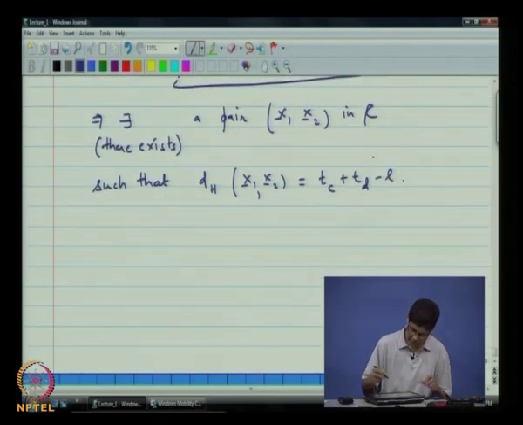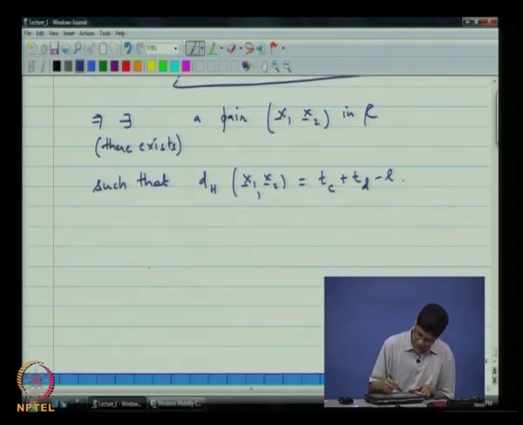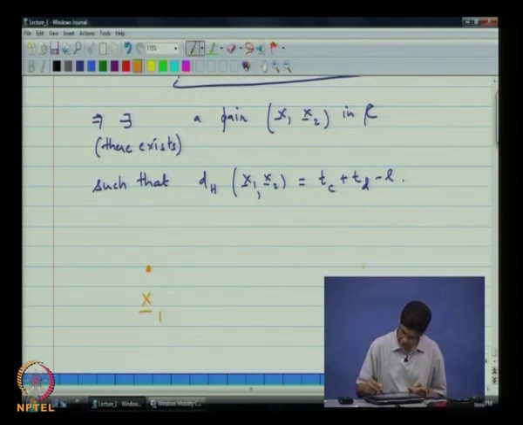And now, let us look at the following picture. You have on the one side x1, and then here you have x2.